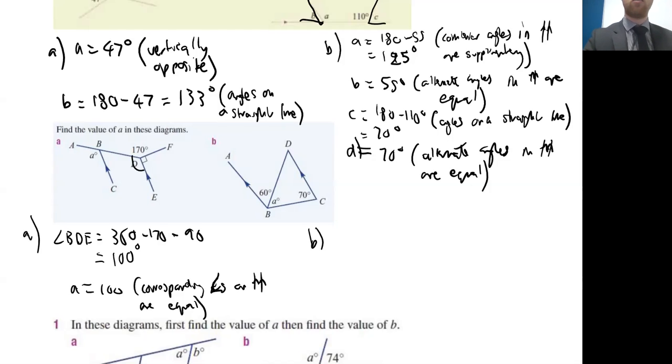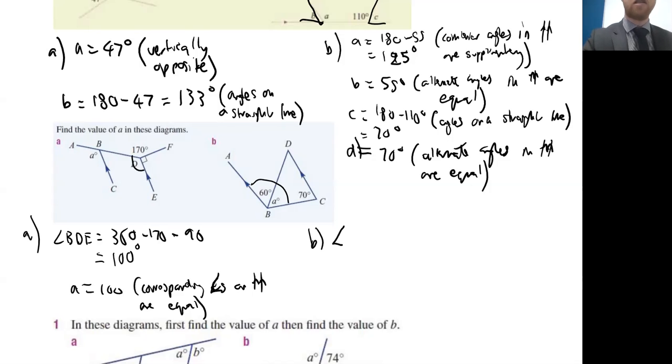Okay, this one's interesting. We have parallel lines, but we know that this angle all the way across here is going to be co-interior with 70. So A is not co-interior itself. It's actually the big angle ABC that is going to be supplementary with 70.